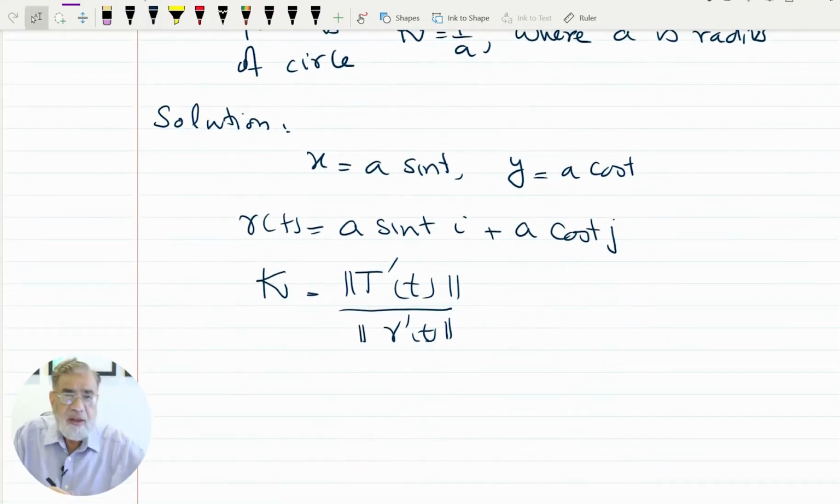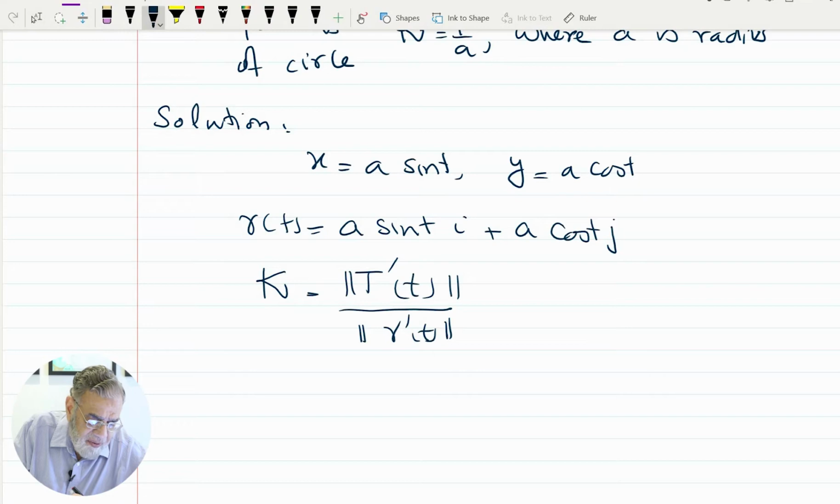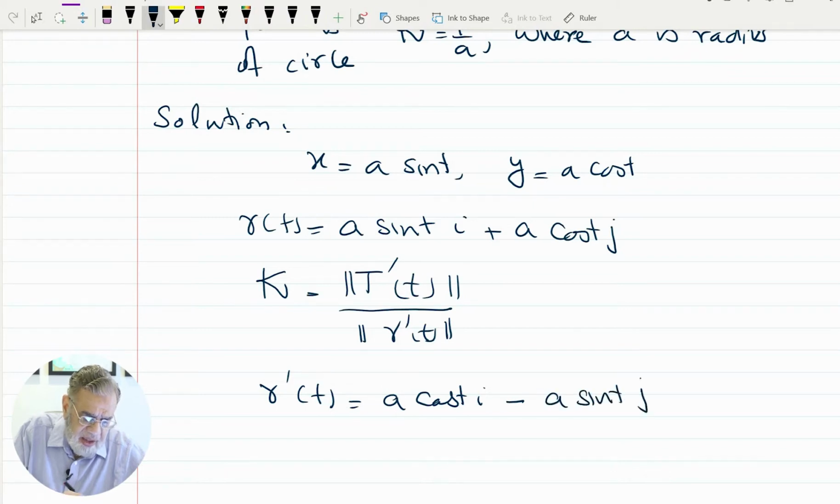Now to find T, we find r dash of t, the derivative of our given function. r dash of t is equal to, the derivative of sine t is cosine t, so we have a cosine t i, then the derivative of cosine t is minus sine t, so minus a sine t j. I take the magnitude of r dash of t.